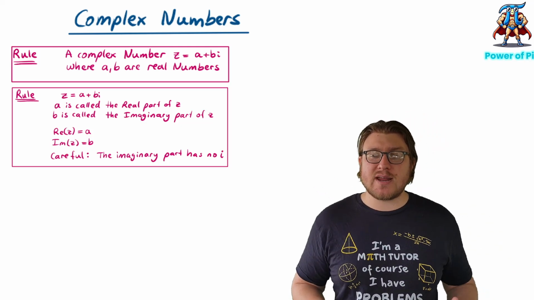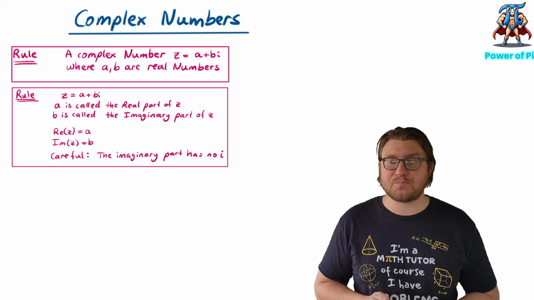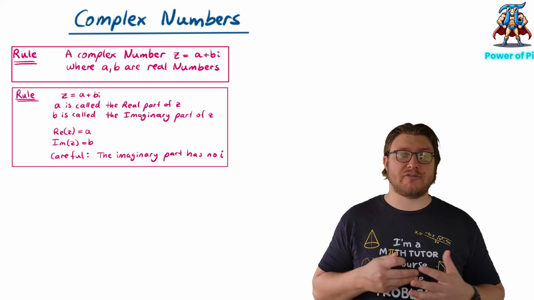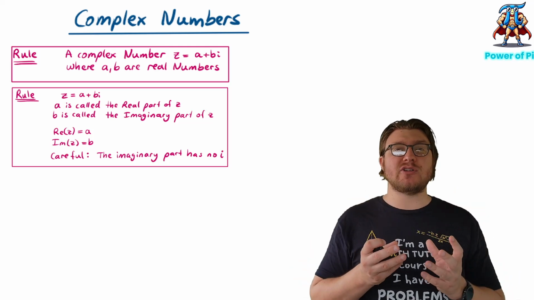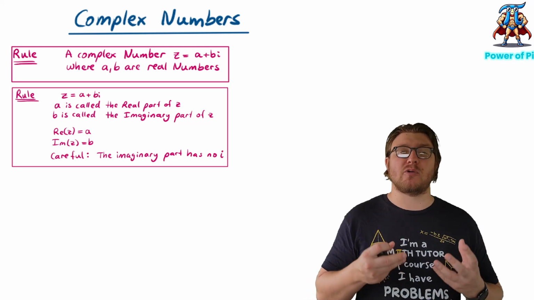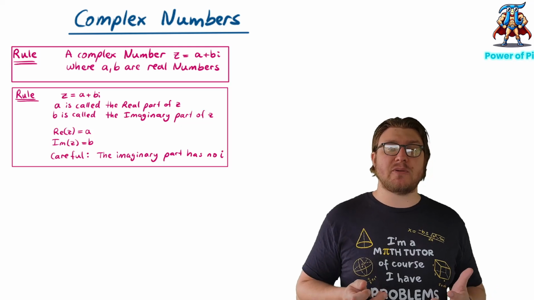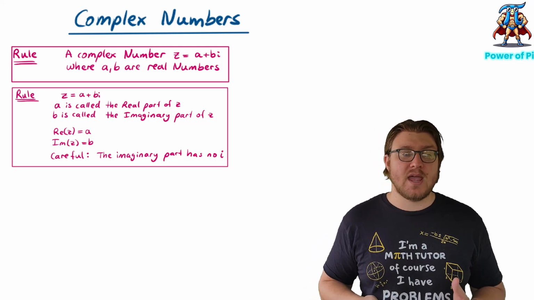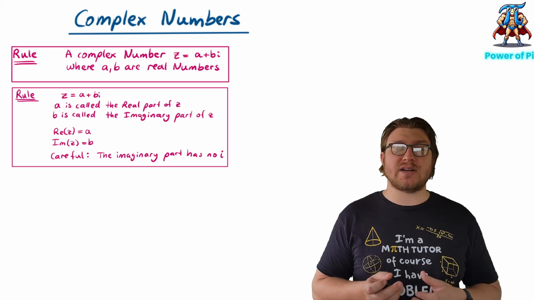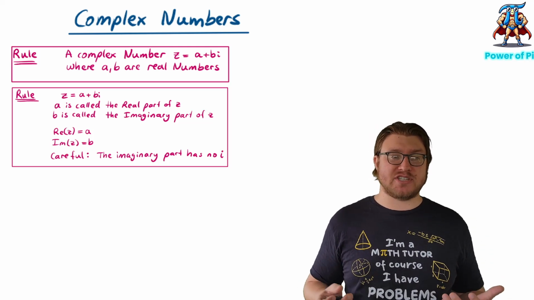Okay, let's have a look at our second rule. We have z is equal to a plus bi. a is here called the real part of z. There's no imaginary part multiplied to it, so that's just a real number. That's why we call this the real part. Then b here is called the imaginary part of our complex number. And we write this as Re(z), which is the real part of z, and Im(z) being the imaginary part of z.